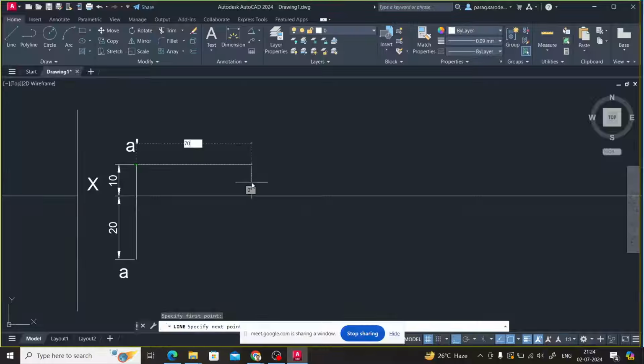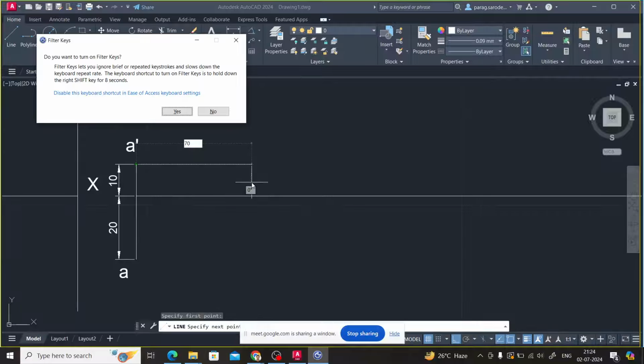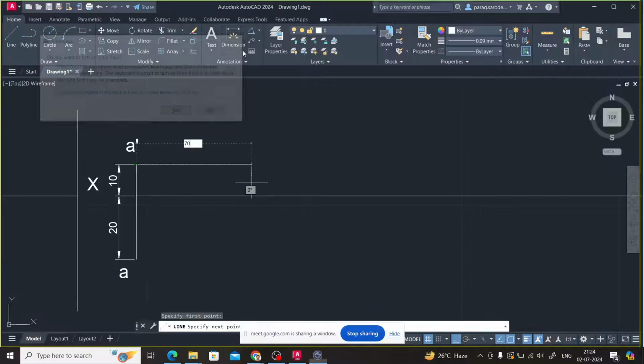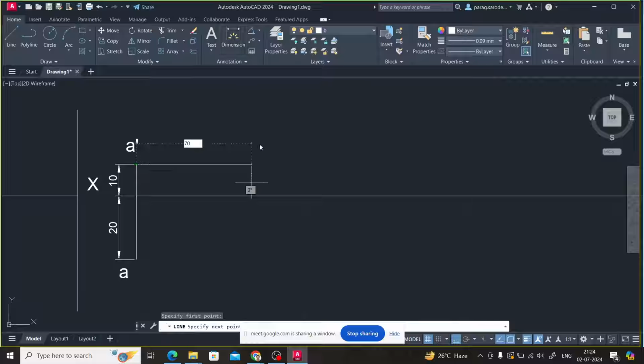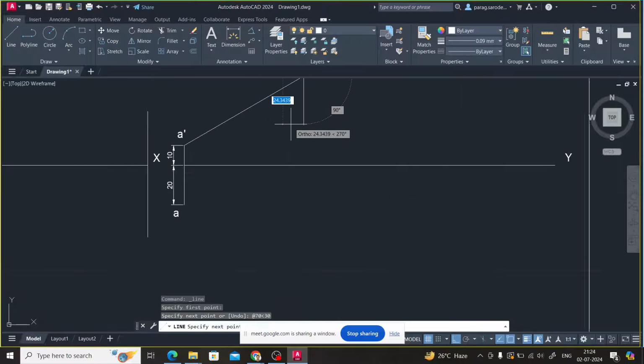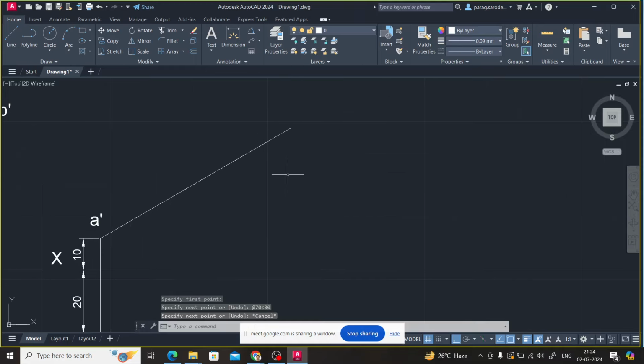Understand what I will do? Once I type 70, I will press shift less than, and then I will type the angle. How much? 30 degree. Line appeared.